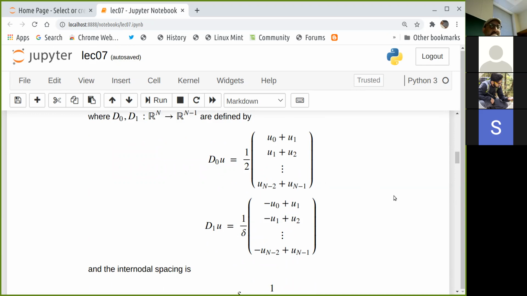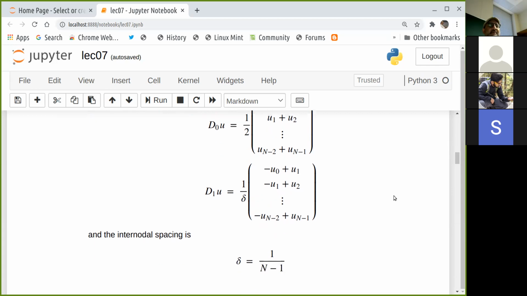So D0 estimates an average value of the estimates between nodes, and D1 is a simple estimate of the first derivative using the approximated values.